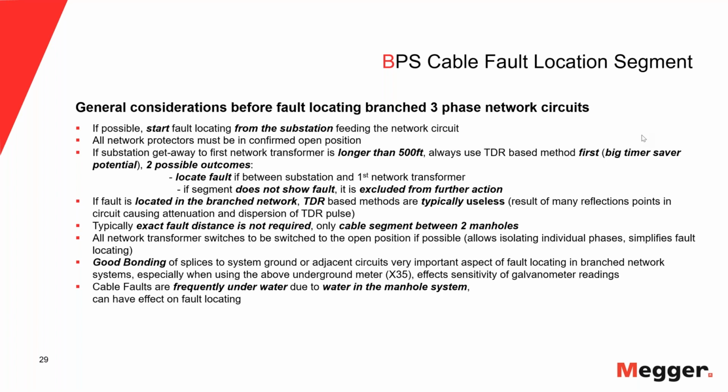So I have a jungle of impedance changes, and every impedance change constitutes a reflection of part of the radar energy. That means if I have enough of those impedance changes and reflections, my radar pulse is running out of steam and I don't see anything anymore. So that's why typically we say in a branch network that the benefit of the TDR is very, very limited.